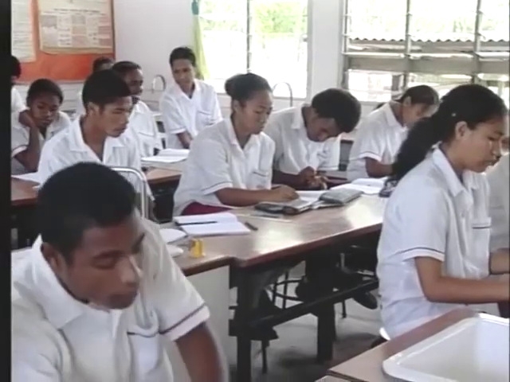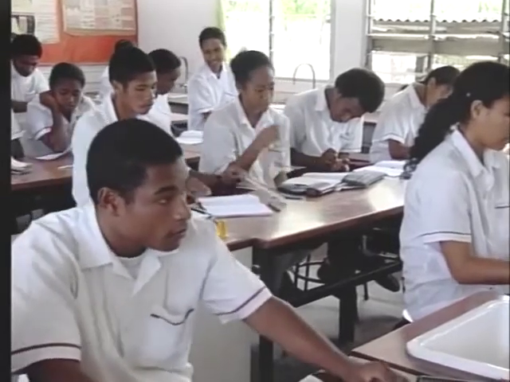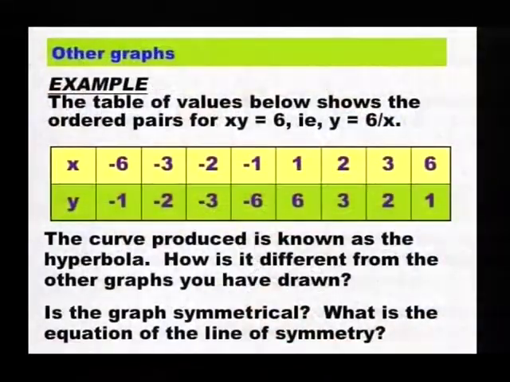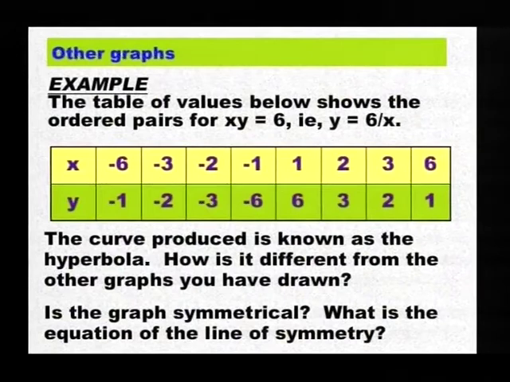All right, then the next thing we'll look at is other types of graphs. Okay, I've got an example. For graphs and curves, if you enjoy plotting graphs, you can come up with your own equation. Just come up with an equation, substitute certain values for x and see what the y values are, and then plot the graph and see what shape of the curve you get.